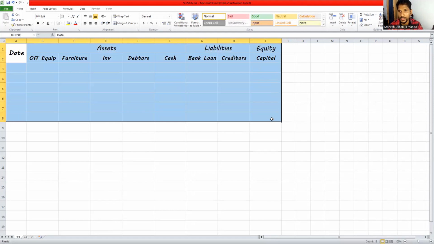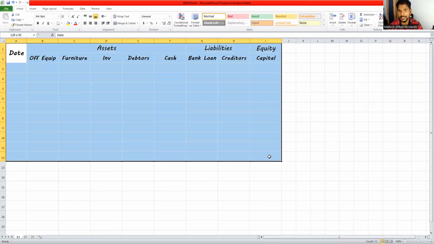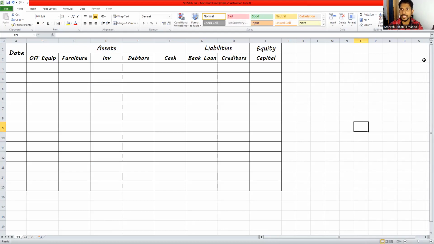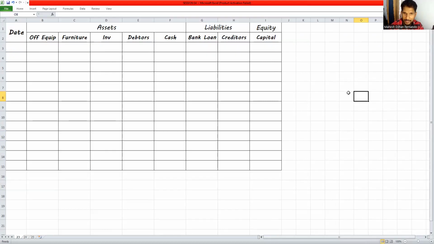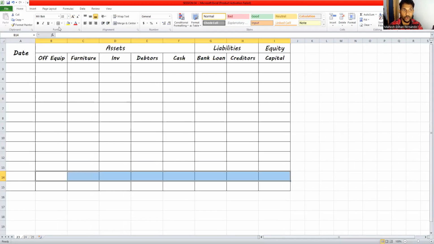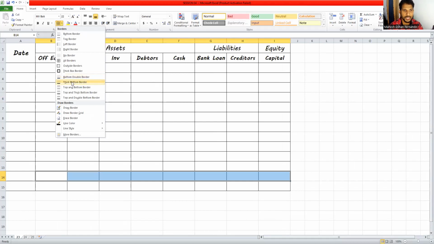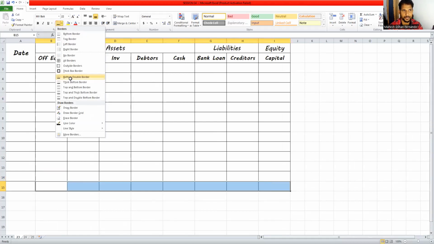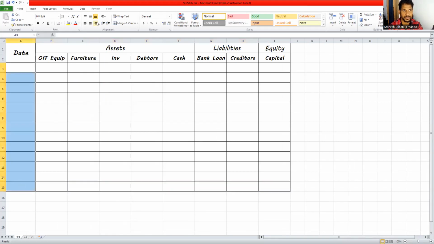So we need 12 columns and 1 column to get the total. This is how you draw the table. At the end of the month, you have to get the total also. So I'm going to complete the accounting equation like this.